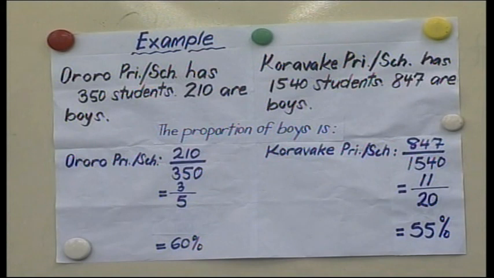Okay, Glenda? Aurora Primary. According to our result, Aurora Primary has the highest proportion of boys in the school.